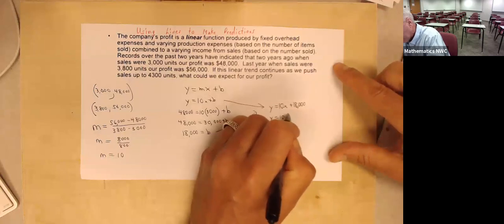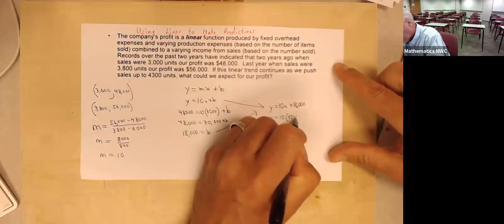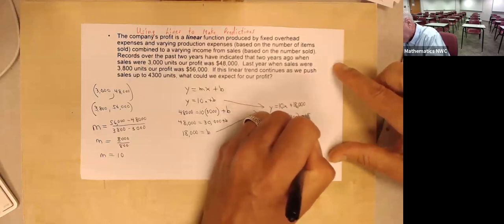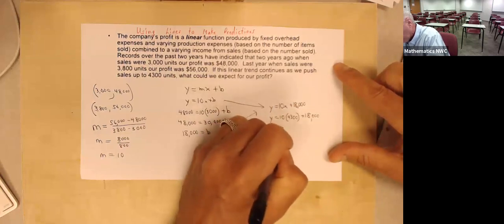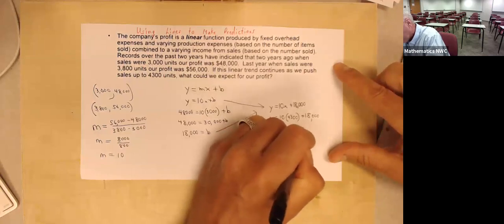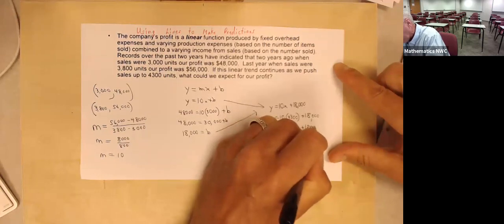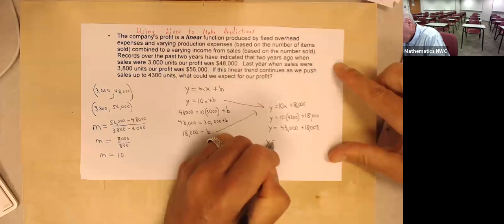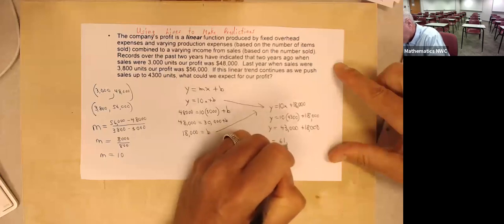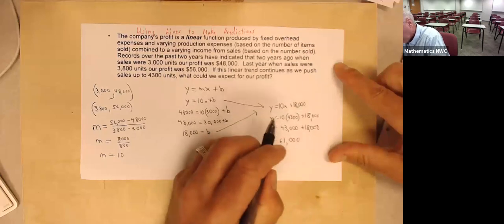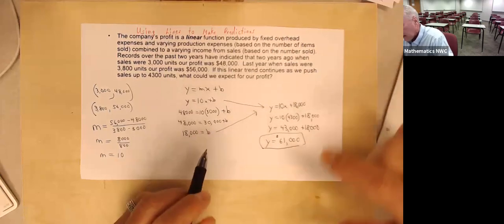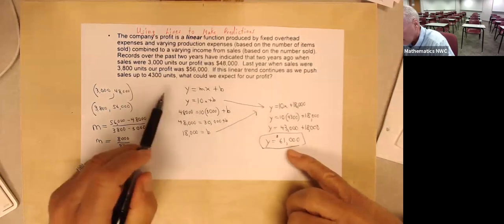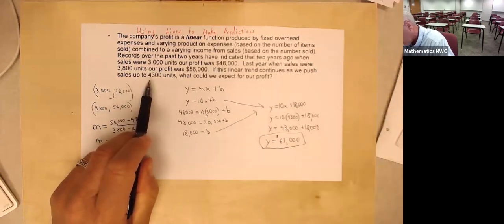I get 10 times the 4,300 plus 18,000. That's going to be 43,000 plus 18,000. That's going to give me 61,000 when I'm done. I could expect my profit to be around 61,000 if we can push the sales up to 4,300.